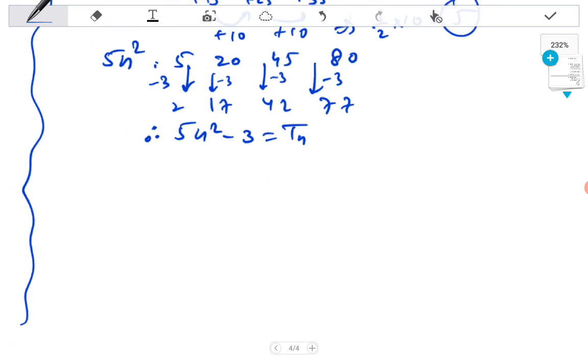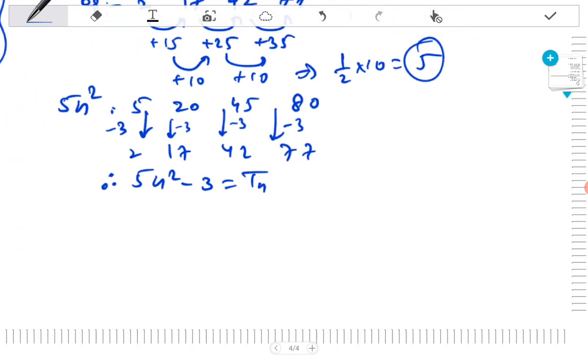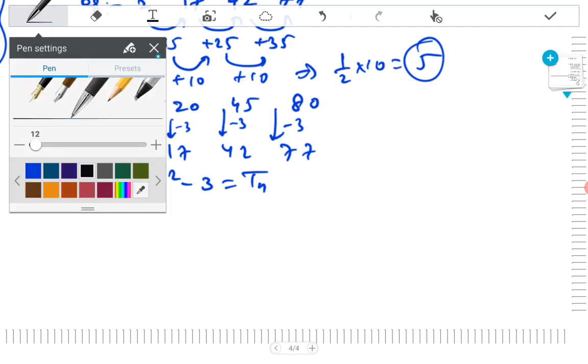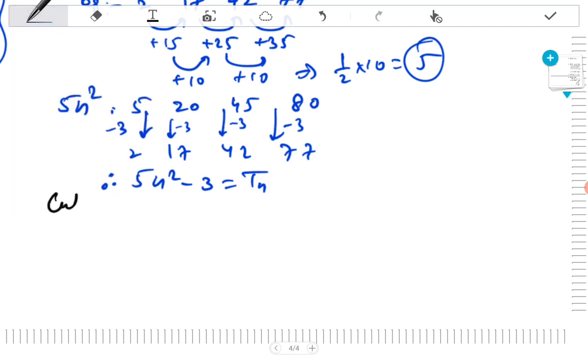Okay. Now come to cubic. For cubic, let's suppose I am taking an example here.